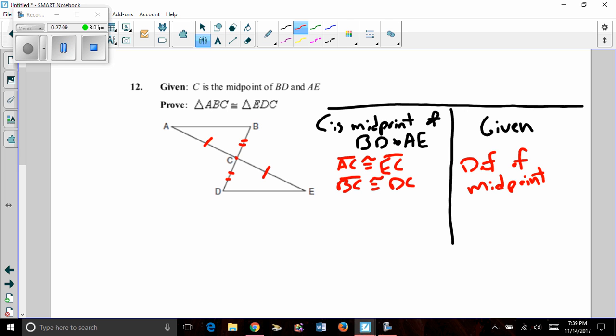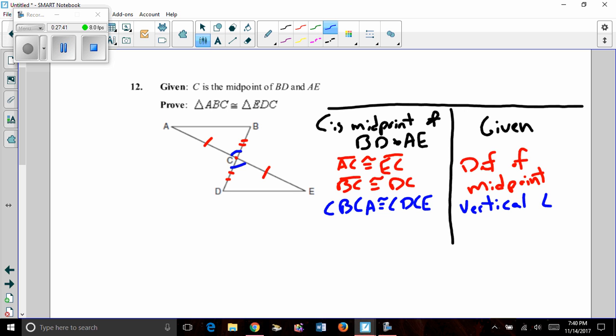Now, I have two sets of congruent sides. Take a look at this picture. Do you notice any special angles we can use? My hope is you recognize the vertical angles here. I hope you recognize that angle BCA is congruent to angle DCE by the vertical angle theorem.